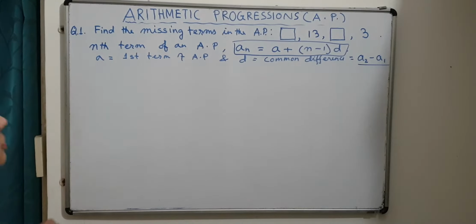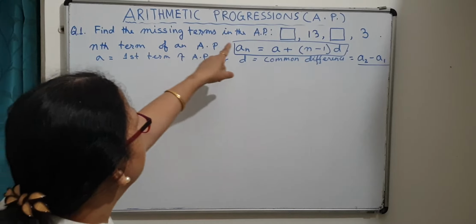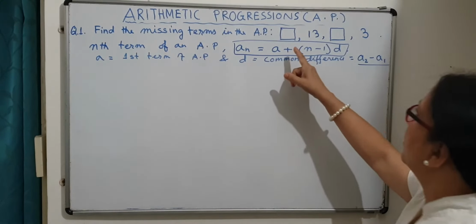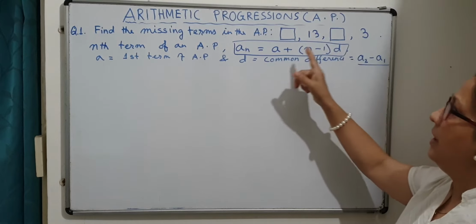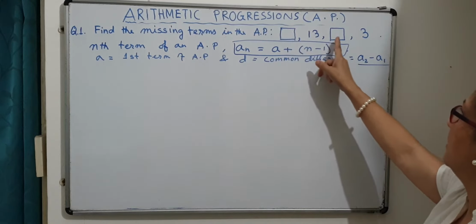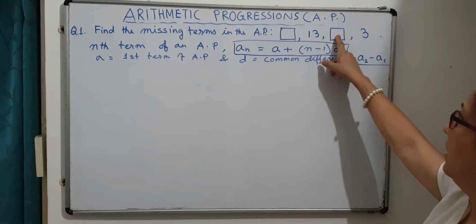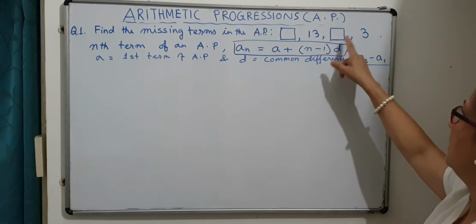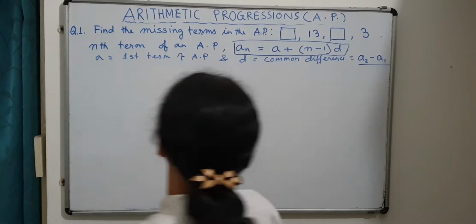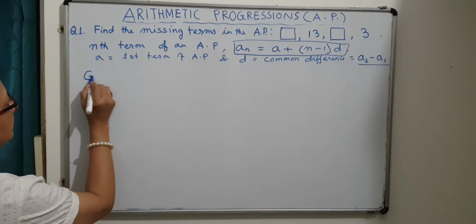So now let us focus on the question. Find the missing terms in the AP. That is, there are 4 terms in the AP, 1, 2, 3, 4. The first term is missing and the third term is missing. So you have to find the first term and third term. What is given? The second term and the fourth term are given. So let us write given.